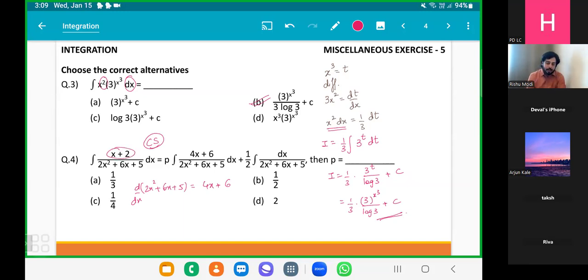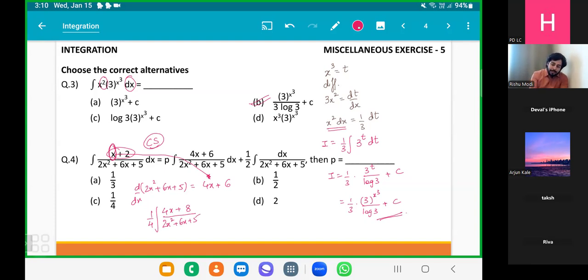Right? 4x plus 6. My original question is x plus 2. So first I need to understand that I will be writing x and I will be converting x into 4x. So my first step will be I multiply and divide by 4. So I will have 1 by 4, 4x plus 8, because that 2 will also get multiplied by that value. So 4x plus 8 divided by the denominator. Now I want 4x plus 6. I have 4x plus 8 in the numerator.